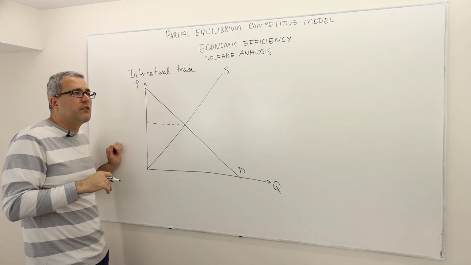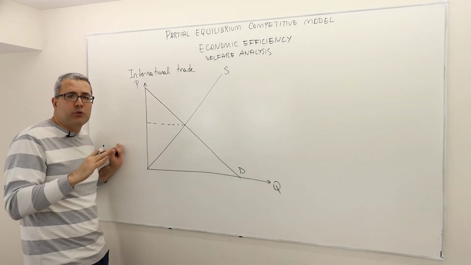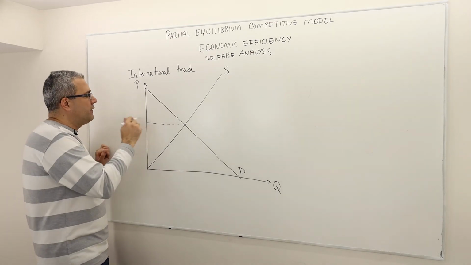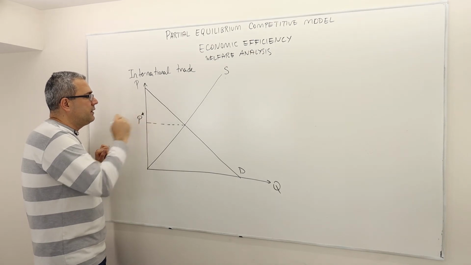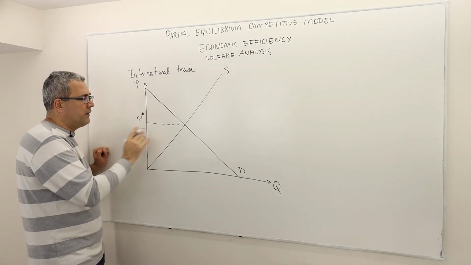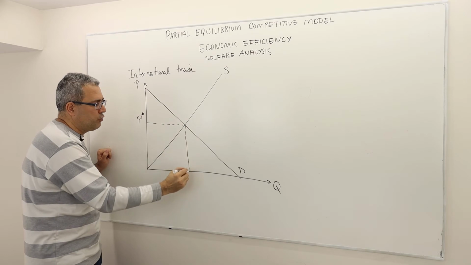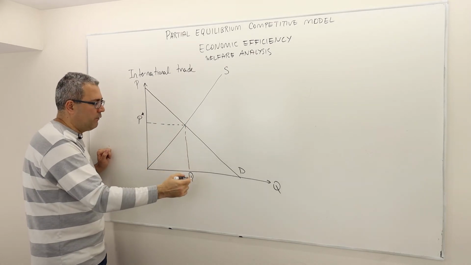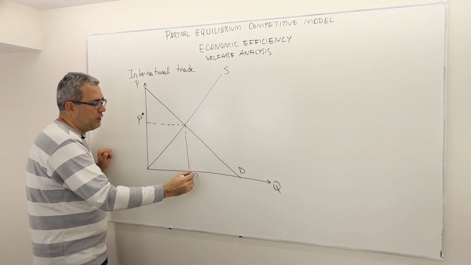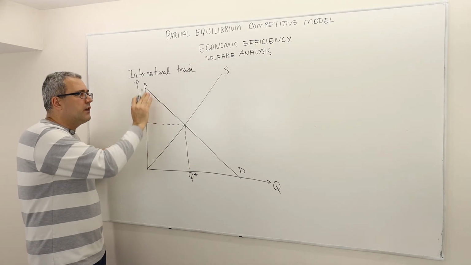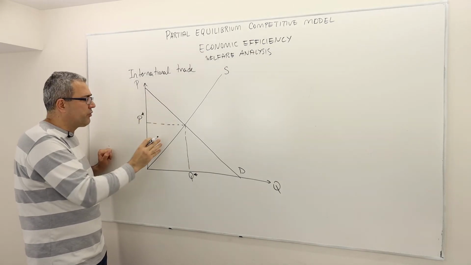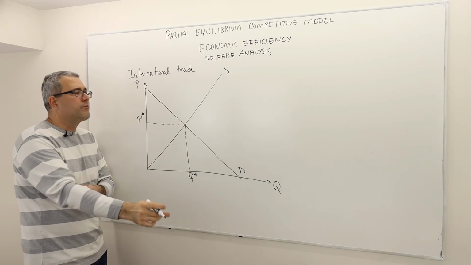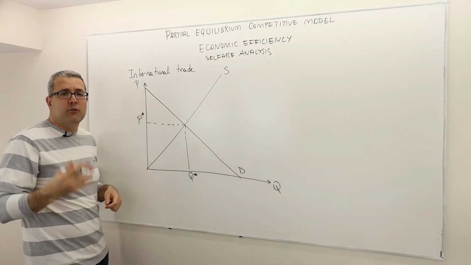For some reason, government banned export or import of olive oil. And so this P star is the perfectly competitive market price, and this many consumers can enjoy olive oil. So let's call it Q star. And this upper triangle is the consumer surplus before the trade, and this lower triangle is the producer surplus before the trade.